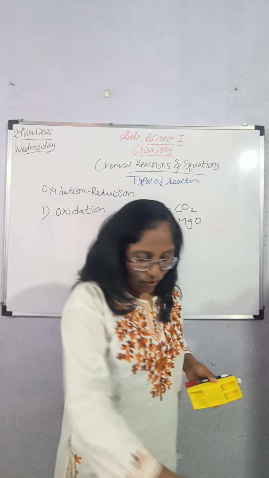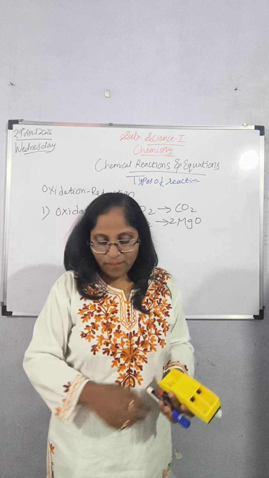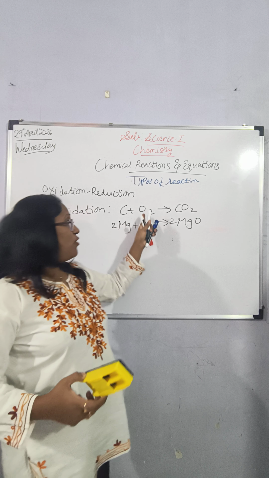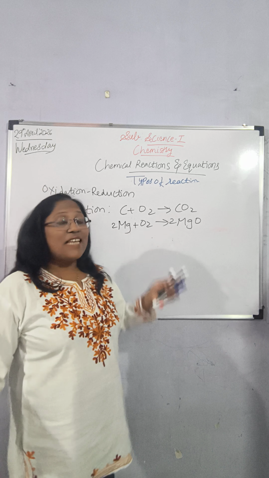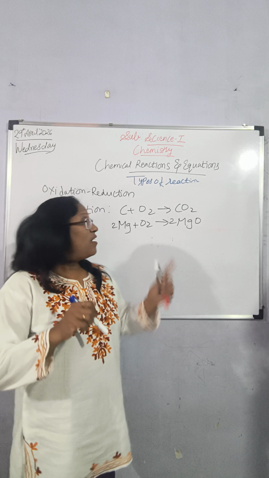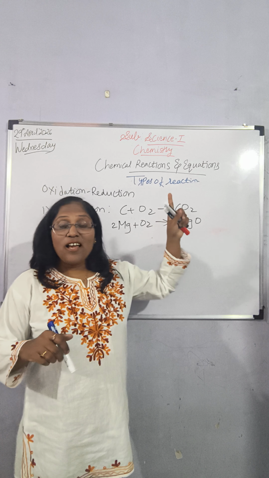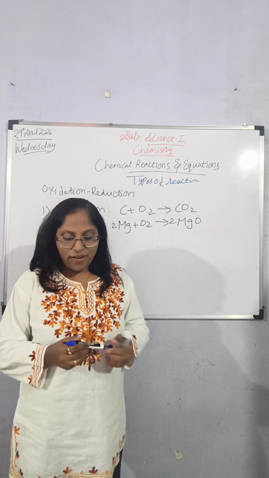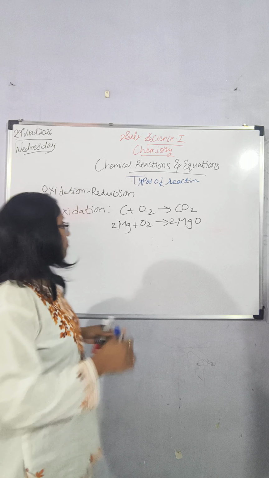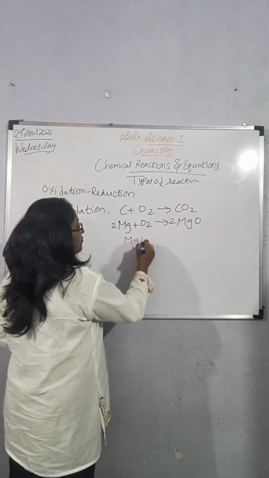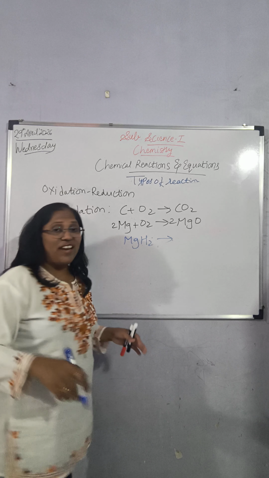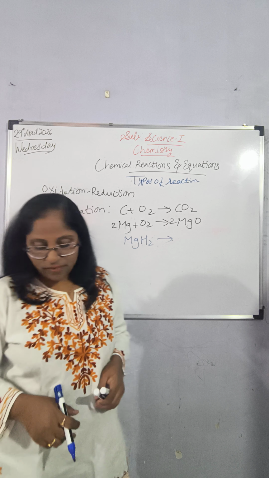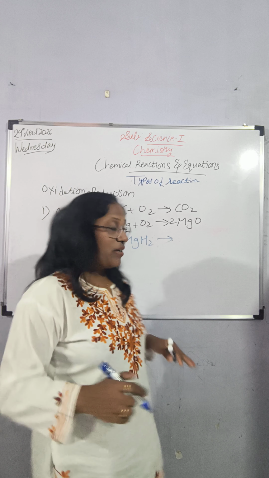Now we will see the next type of reaction. I have given you two examples of oxidation with addition of oxygen. Second, removal of hydrogen. If I take magnesium hydride and heat it, it gives magnesium plus hydrogen.